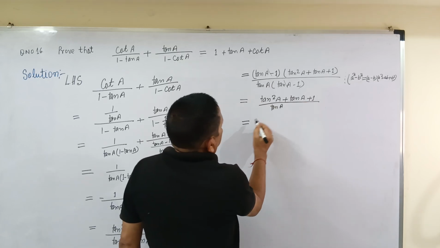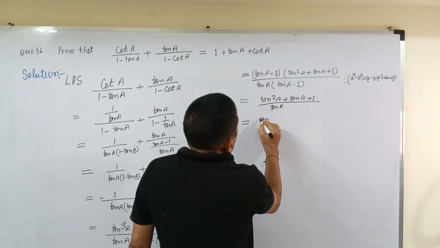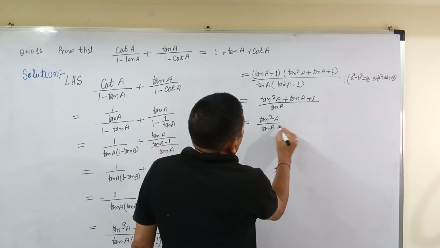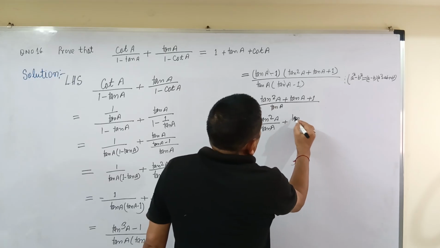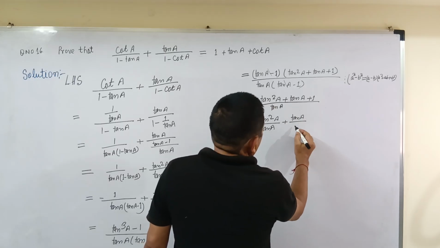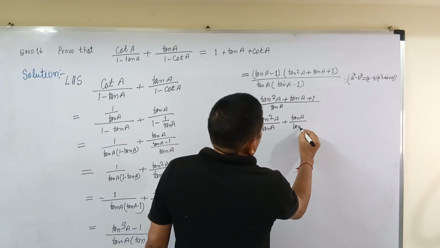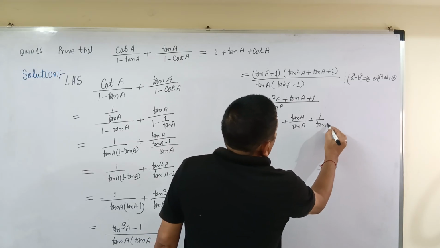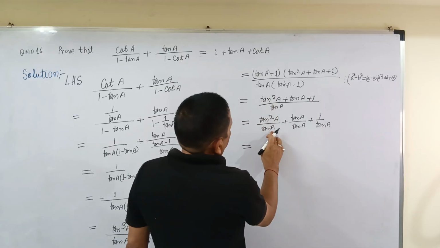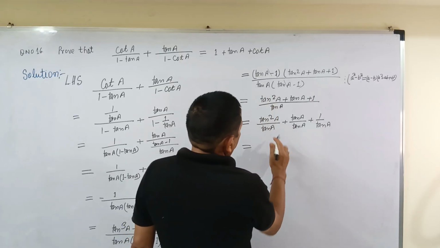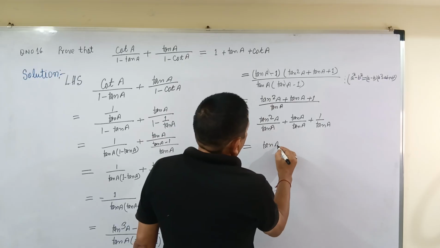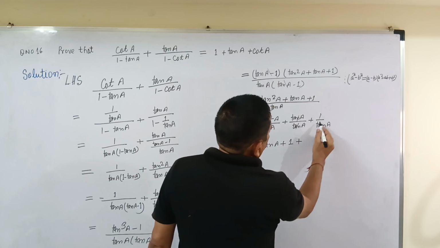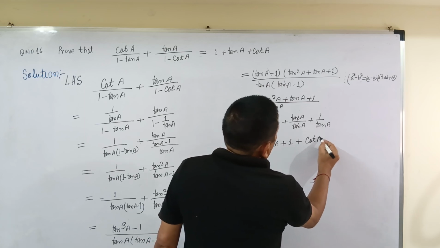Now I can write it as tan square A upon tan A plus tan A upon tan A plus 1 by tan A. So we get here tan square A upon tan A means I will get tan A, plus this cancels with this, I will get 1 and here it becomes cot A.